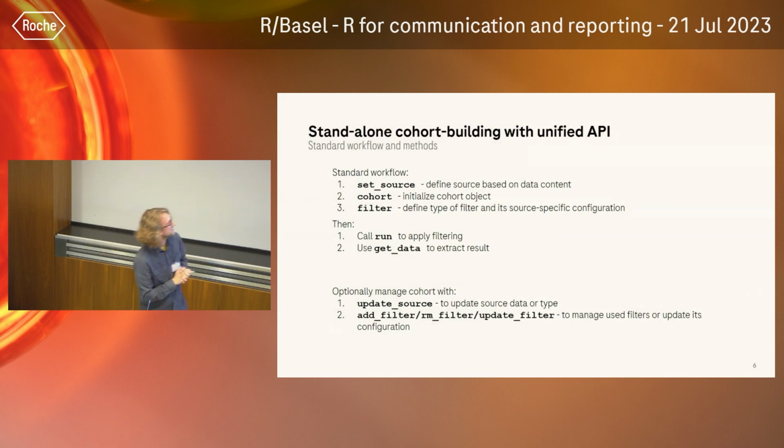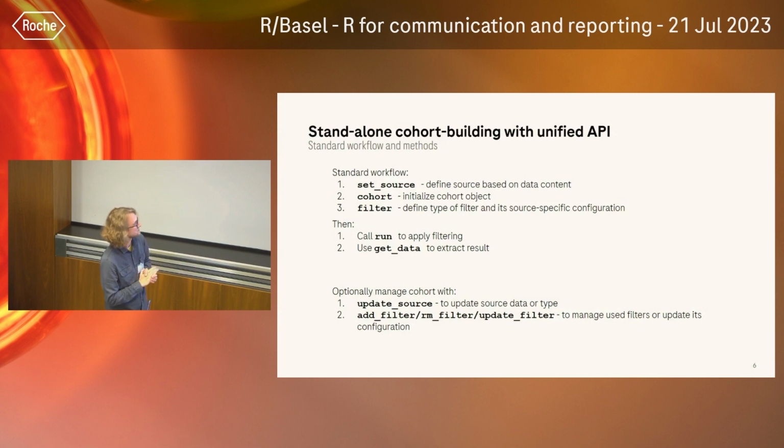Then with the defined source, we create the cohort object that is responsible for keeping the configuration for the cohort creation. Actually, it stores the source, but also the filters, which we can define with a filter function as a low-level cell of the configuration, which allows us to define the type of the filter and source-specific configuration.